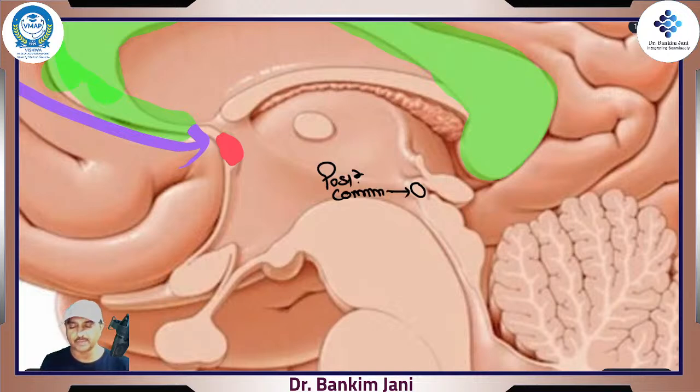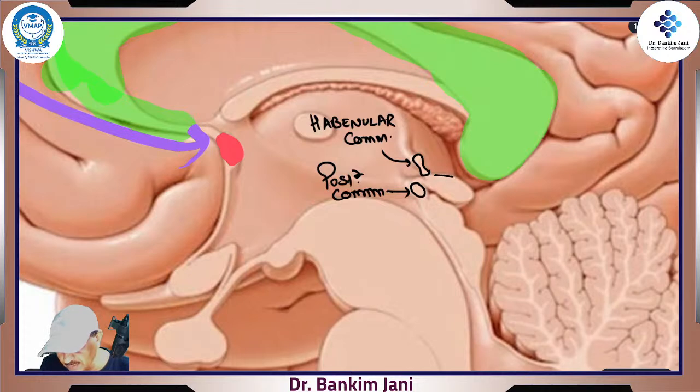Then there is a small portion over here called the habenular commissure. Then there is a very small gland situated over here. This is the pineal gland.